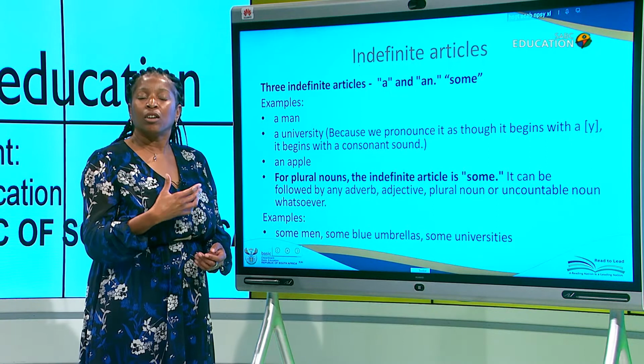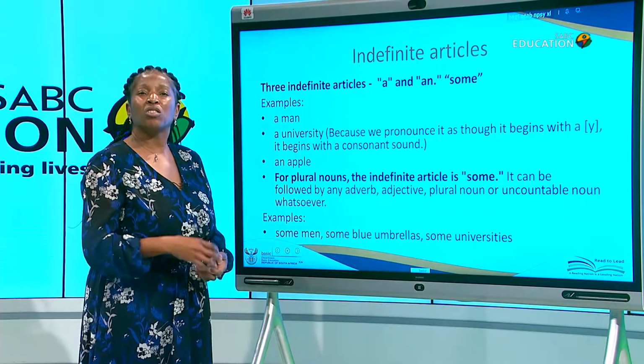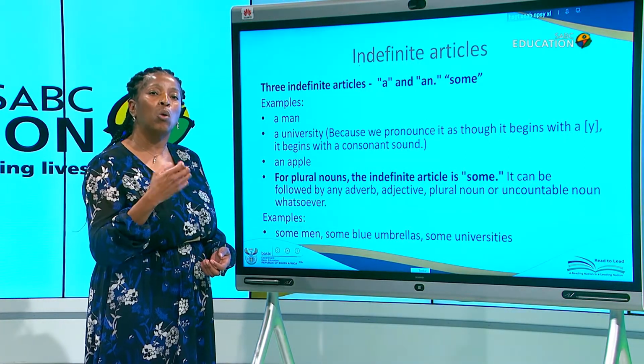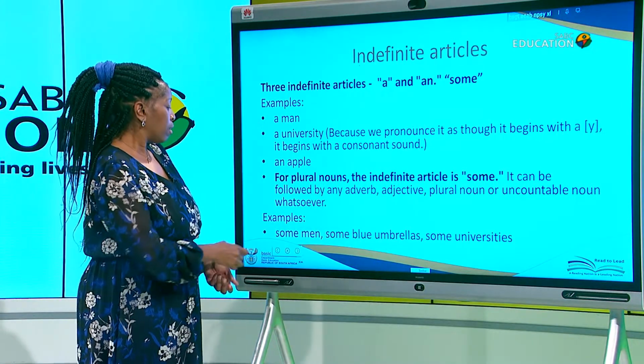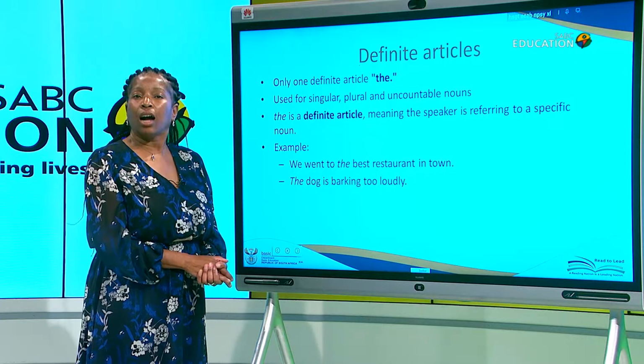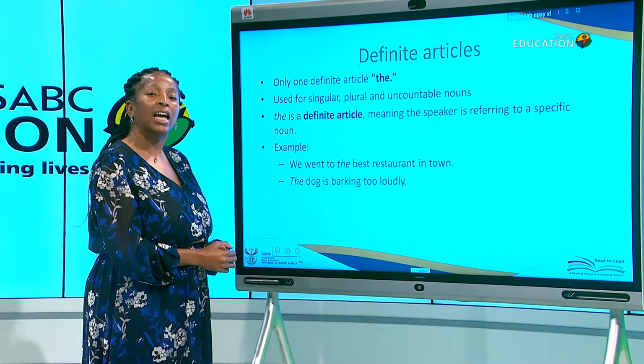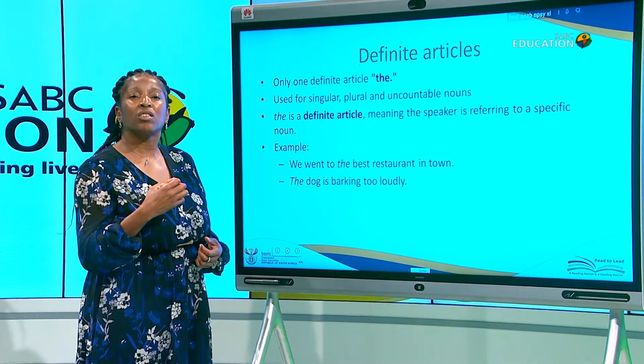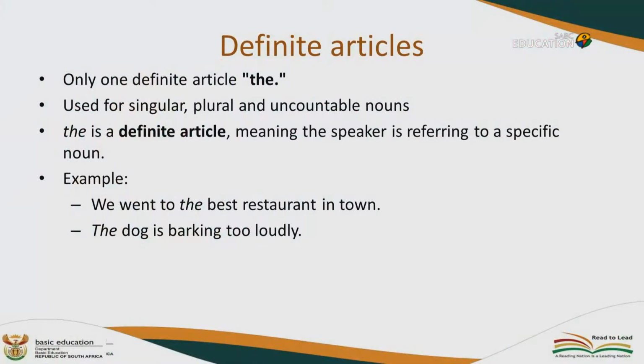We say a university because the U sounds like a vowel Y. Same goes with an hour. We cannot say a hour, all because the word hour begins with a vowel sound, O.